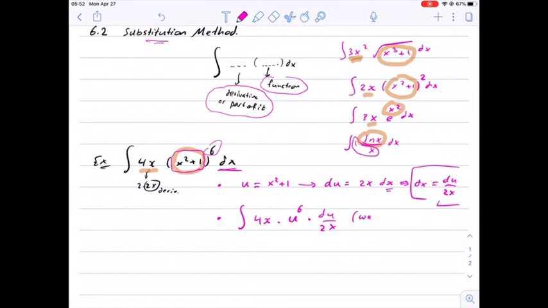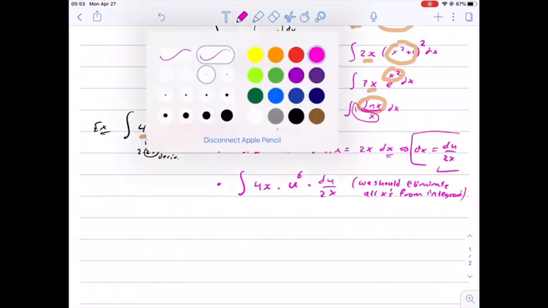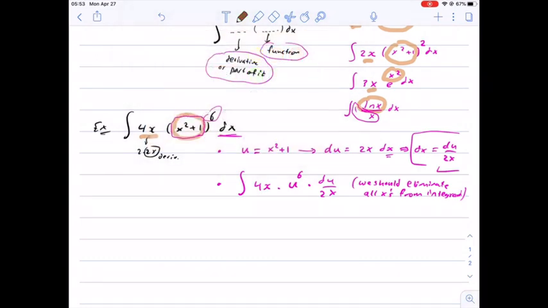So we still have x here, but we can cancel this. We can cancel x with x, and we can simplify the 2 with the 4.